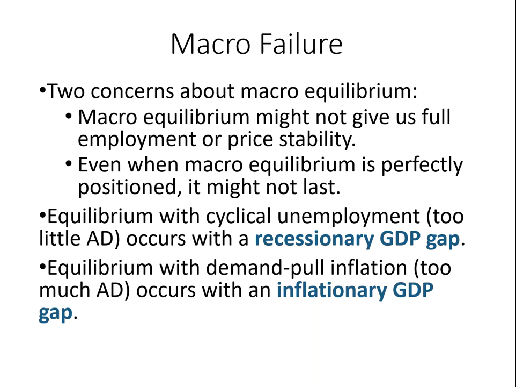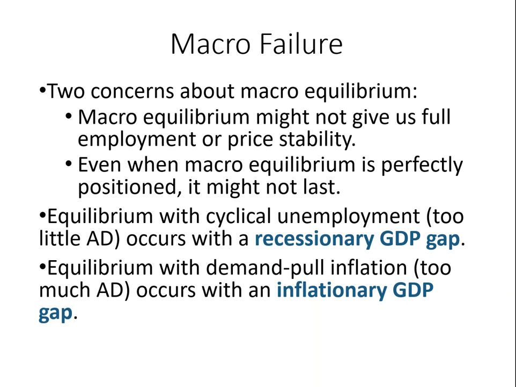Let me define it: it is the amount by which equilibrium GDP exceeds full employment GDP, which means current GDP will be larger than the GDP associated with full employment. And demand-pull inflation means an increase in the price level initiated by excessive aggregate demand.